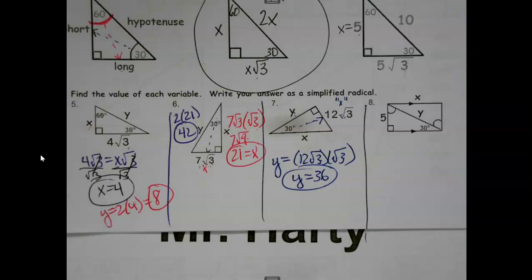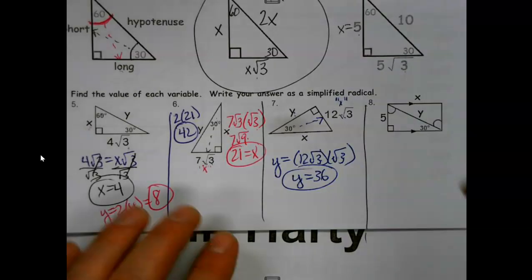On number 6, wouldn't x be the short side, so we would have to do 7 square root of 3 times 2? Yes. Oh, dear. All right.